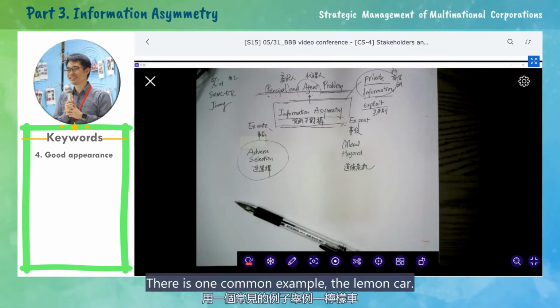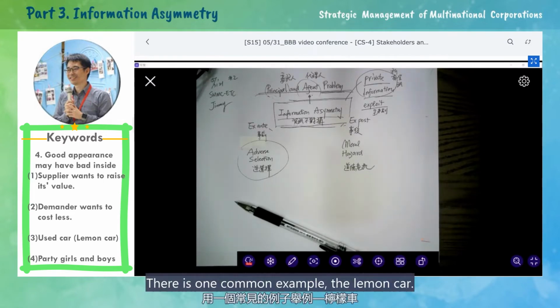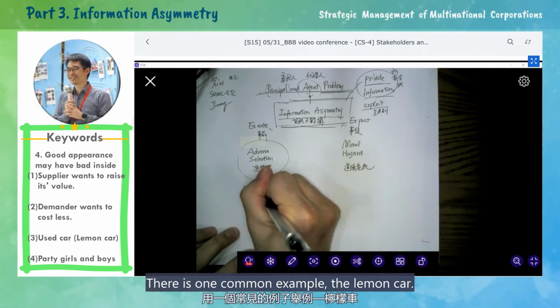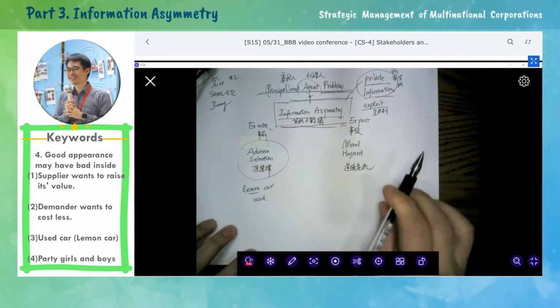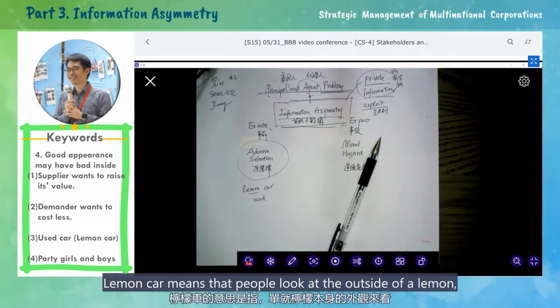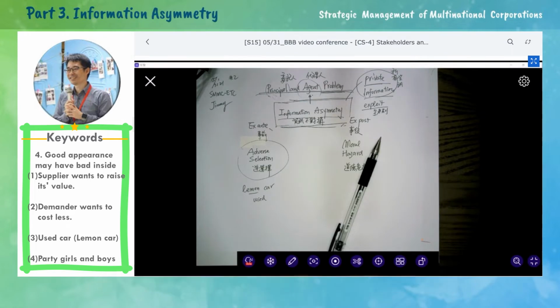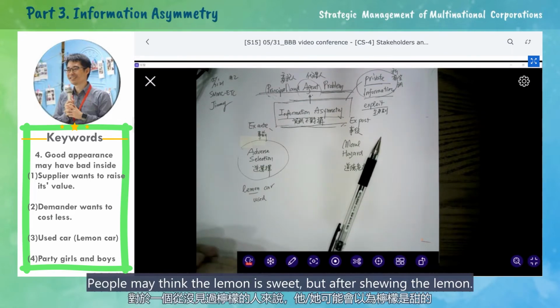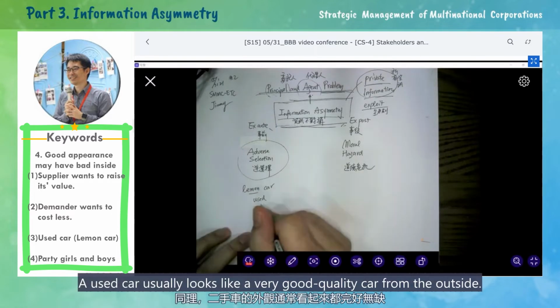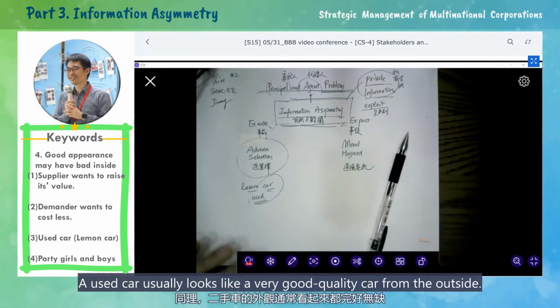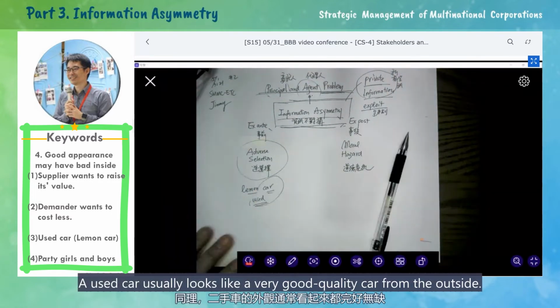One common example is the lemon car, or the used car. Lemon means maybe from the outside you feel the lemon is sweet, but after you chew it, you are suddenly surprised by its sour taste. So a used car usually will pretend to be a very good car.